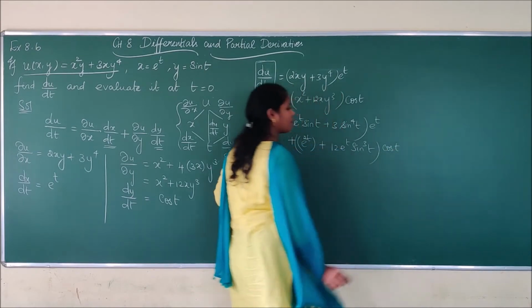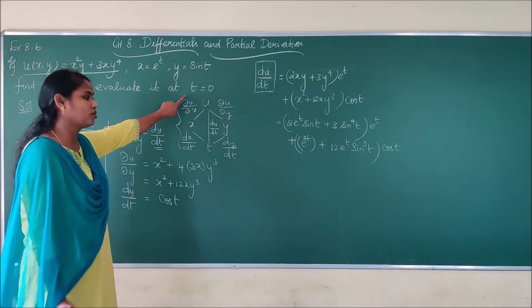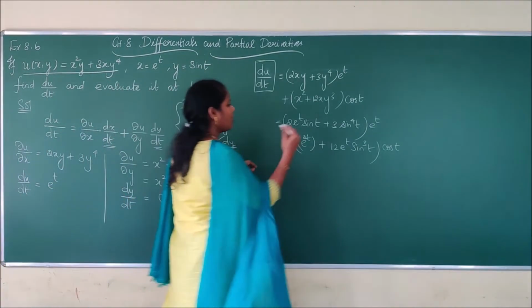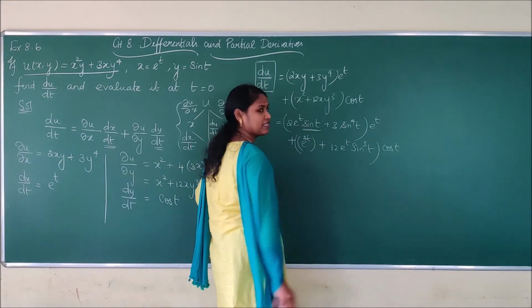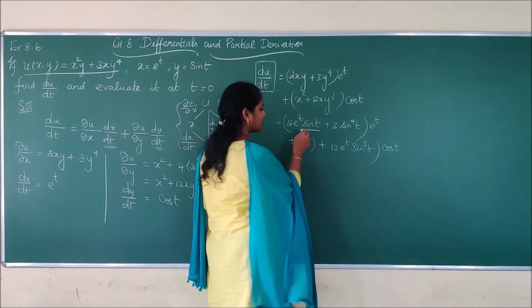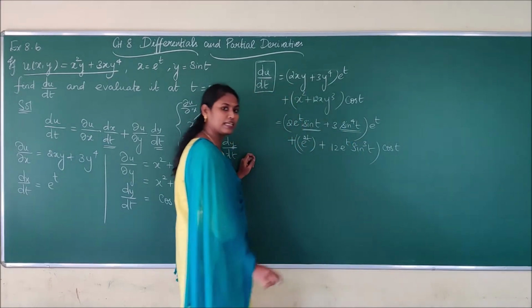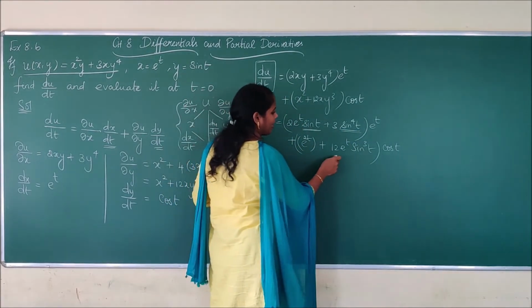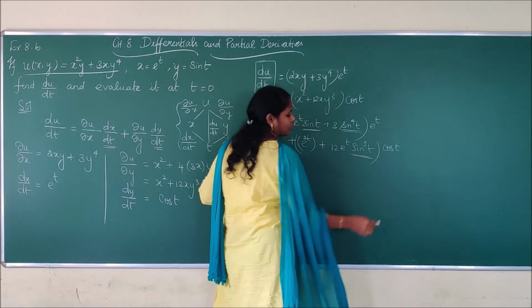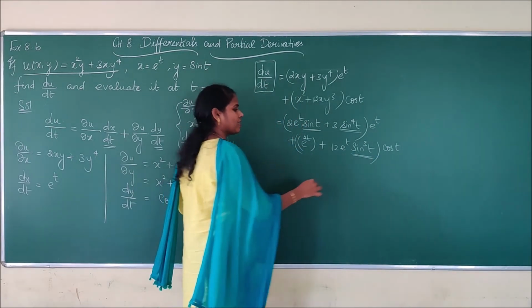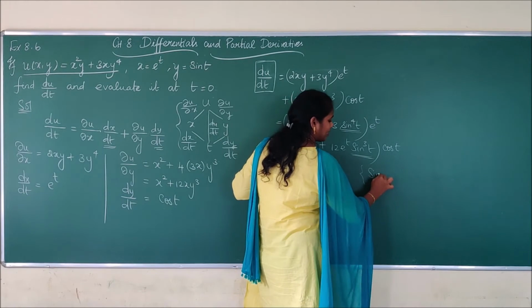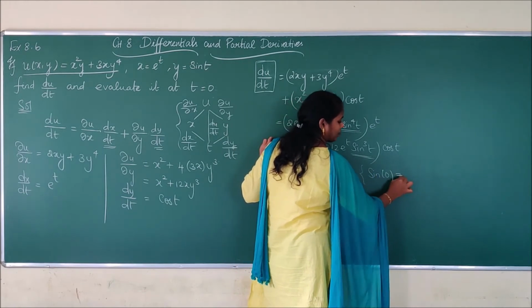Now I am going to substitute t is equal to 0. You know the value of sine 0 is nothing but 0. So this term will become 0 and this term also will become 0. And next, if you come here, this term also will become 0, since sine of 0 is nothing but 0.